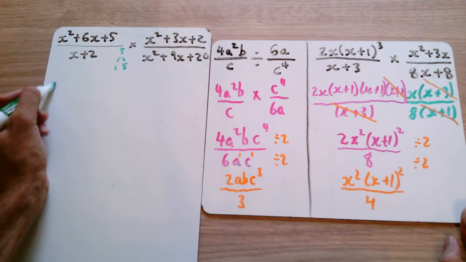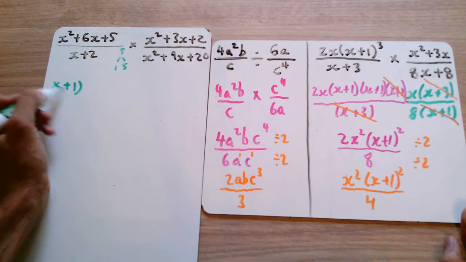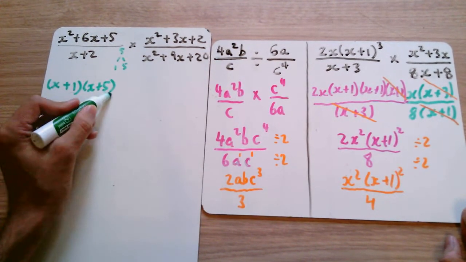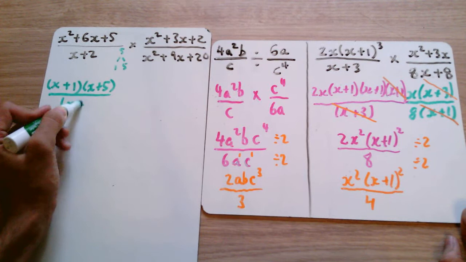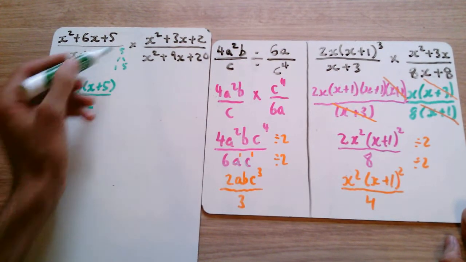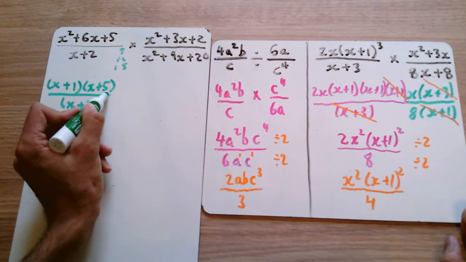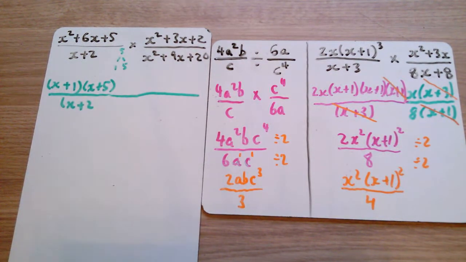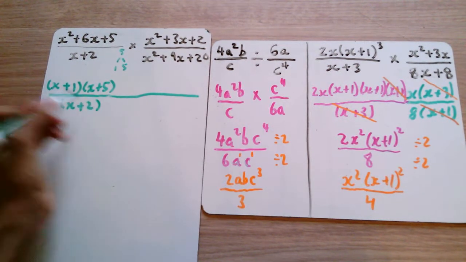So our top bracket over here is going to be x plus 1 brackets x plus 5 divided by x plus 2. Now this is multiplication, so I'm actually going to just extend my fraction line there, my vinculum as it's called, along and factorize out the right hand side as well.